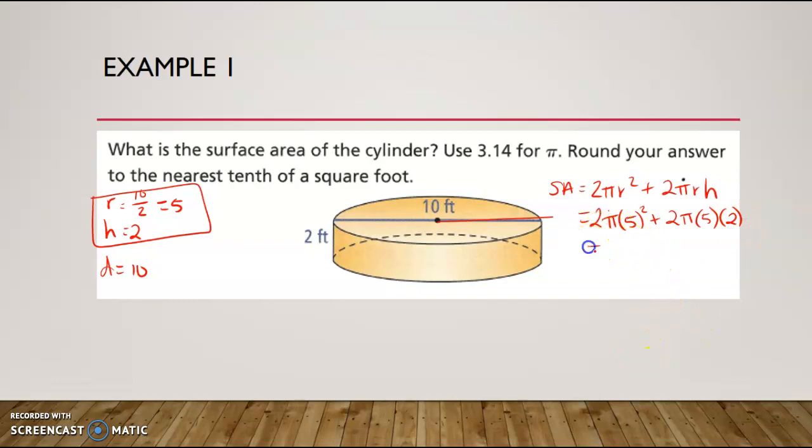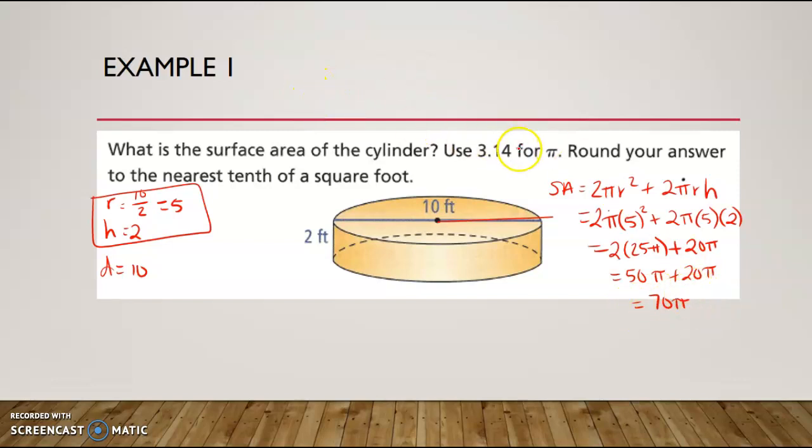Then I'm just going to simplify. We have 2 times 25 pi, because I'm going to leave it in terms of pi for now, and then 5 times 2 is 10, times 2 is 20, so 20 pi. Then 2 times 25 is 50 pi plus 20 pi. And 50 plus 20 is 70, so we end up with 70 pi.